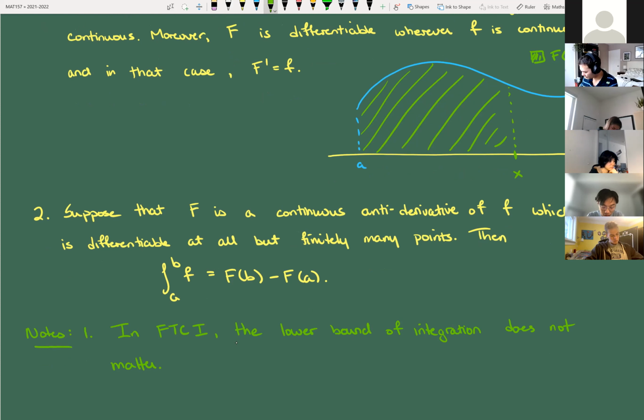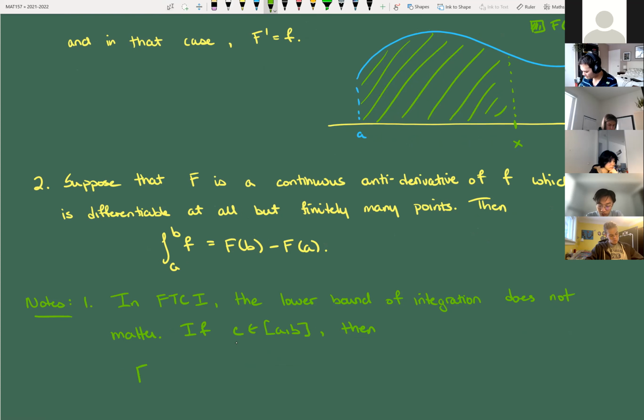The reason for this is, if c is some other point in the interval [a, b], and we took F hat to be the integral from c to x instead of a to x, which is what the theorem currently says, well, we know that F, which is the integral from a to x, is going to be the integral from a to c plus the integral from c to x.